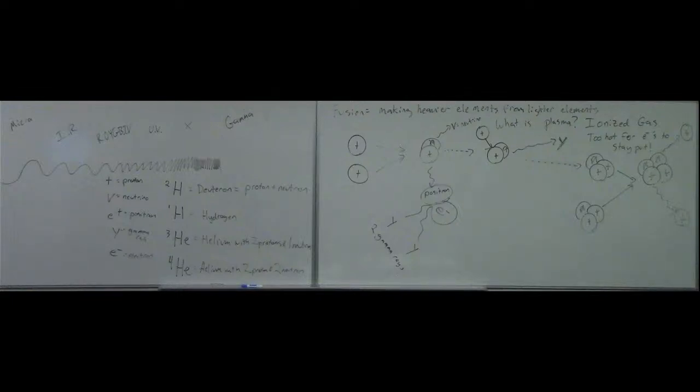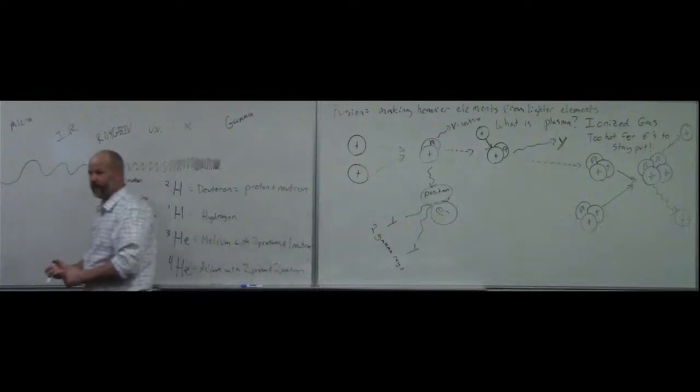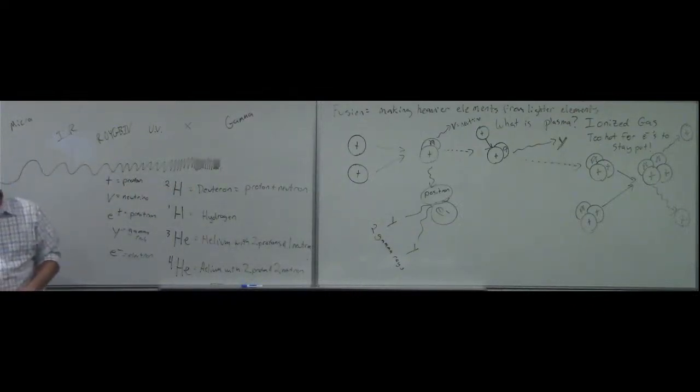So this is called the proton-proton chain reaction. I know it's not exciting, but it is incredibly important. When we talk about fusion in this class, and what's going on in the core of a main sequence star, this is it.